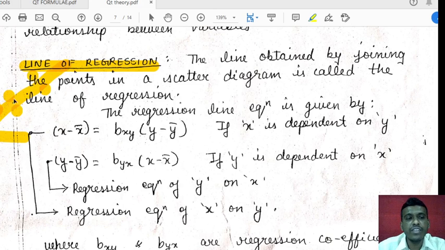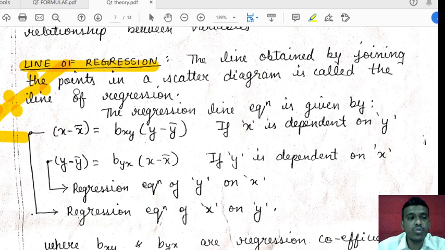This line is known as the regression line, which explains or regresses one variable to the other variable. Through this relationship, which is considered to be linear, we try to find out the value of an unknown variable using the value of a known variable.